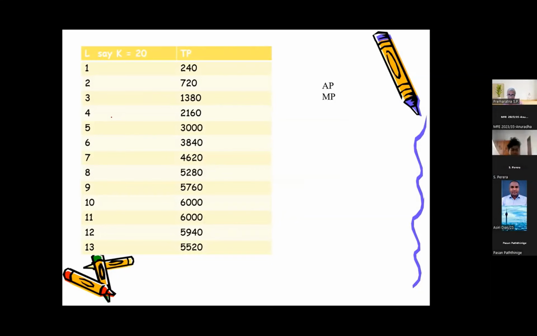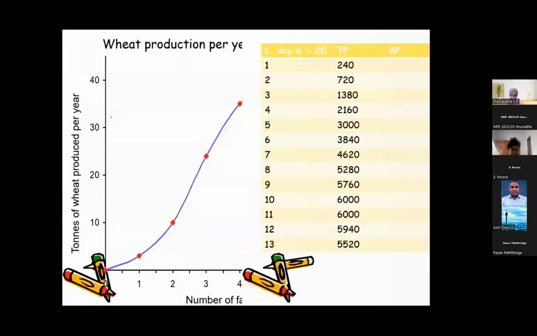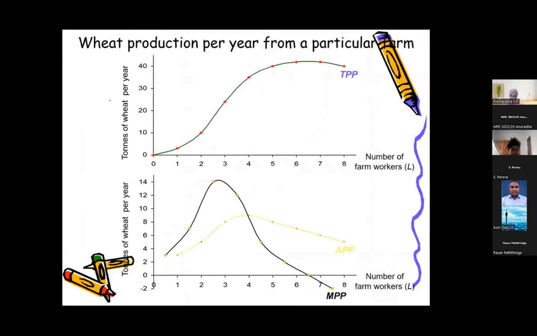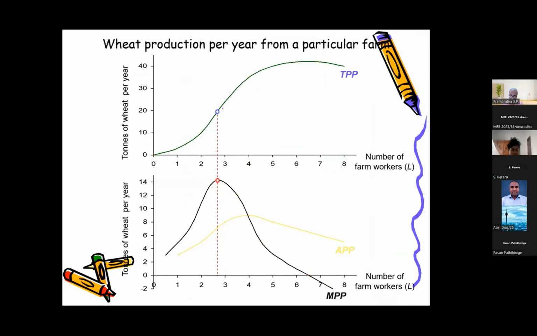Now with this exercise also we did the graph, and there you identify where the diminishing return starts. It's easy to understand with this curve, because the marginal product curve comes to the maximum point, and there the diminishing marginal return starts.